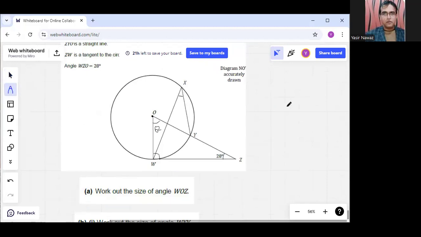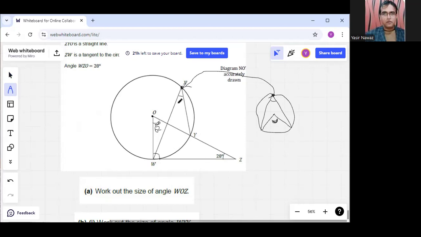WXY, so it's the same theorem. What was the statement of the theorem? The angle at the center of the circle is twice the angle at the circumference. So this is the angle at the center, and 62 is double that.